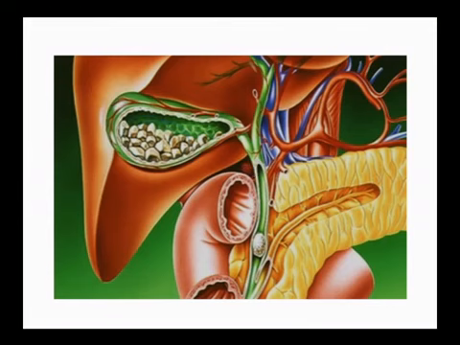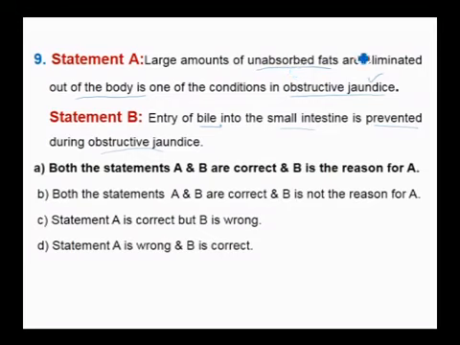The secretions of the liver as well as the pancreas are both conveyed through a common hepatopancreatic duct into the intestine. But now the stone is blocking the passage. So, no chance of the bile entering into the small intestine. The fat is unabsorbed and it is eliminated out of the body.